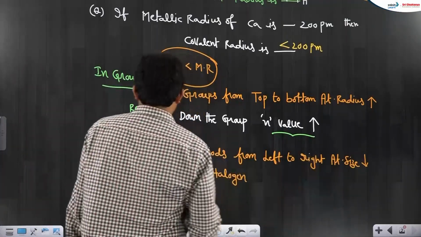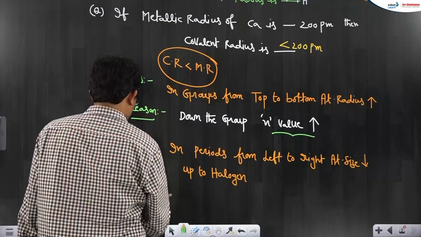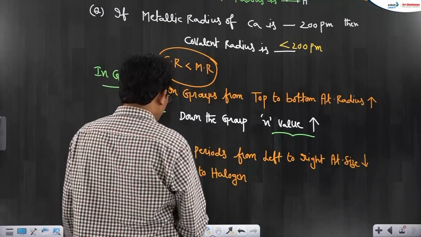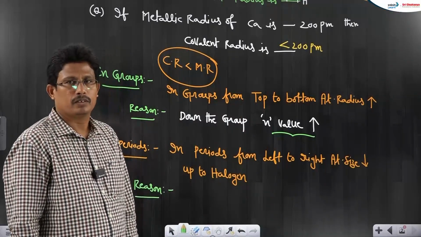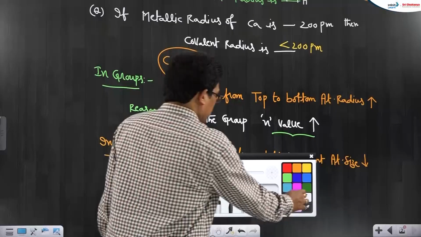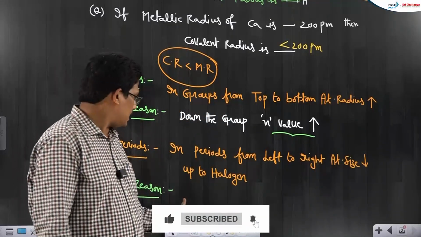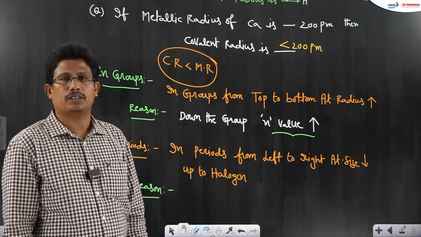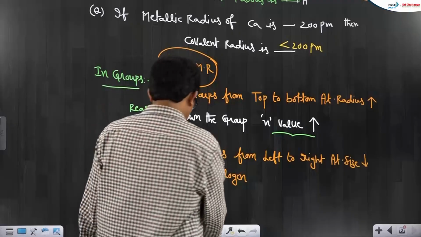Here the principal quantum number remains the same. In a period from left to right, the principal quantum number value remains the same. The differentiating electron enters into the same orbit, and the effective nuclear charge increases. That's why radii decreases.